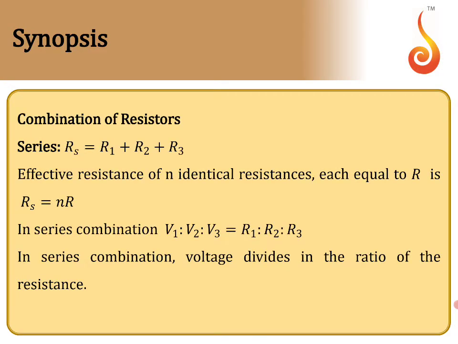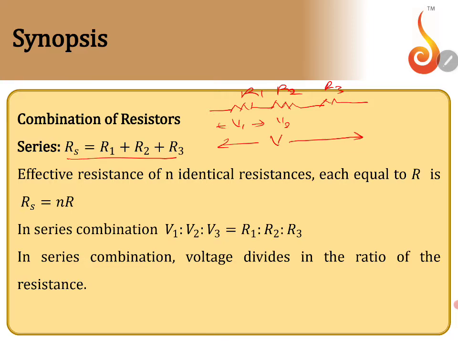Now with respect to the series combination, suppose if there are 3 resistors connected in series, let me call the resistance as R1, R2 and R3, and connected to a battery or a supply which will provide a potential difference V. Let us say that V1, V2 and V3 are the potential difference across these resistors.